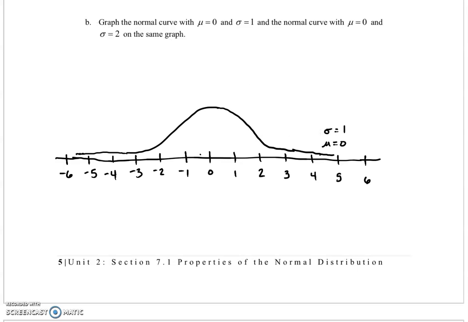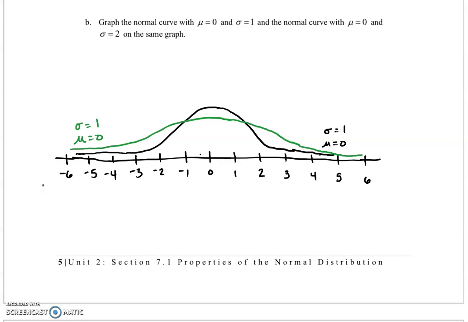Okay, what happens with a mean of 0 and a standard deviation of 2? Well, the same thing kind of happens, it's a little bit different. What happens is it gets flatter, so it kind of goes like this. So that one is our mean of 0 and standard deviation of 2.